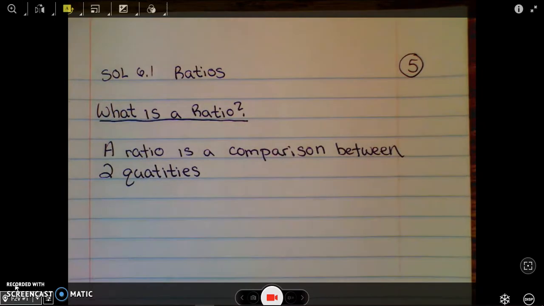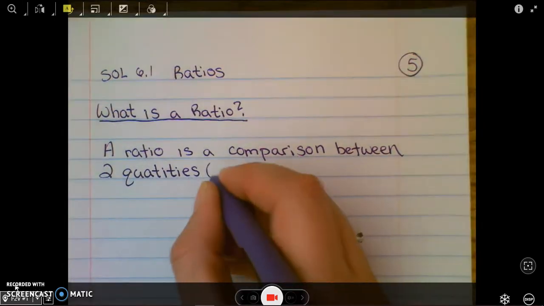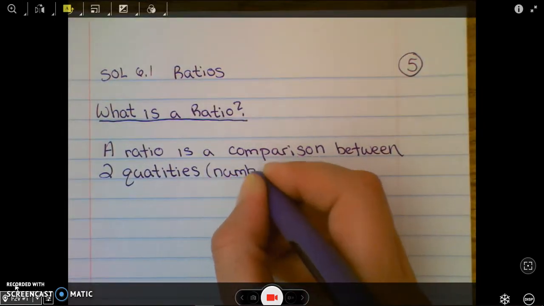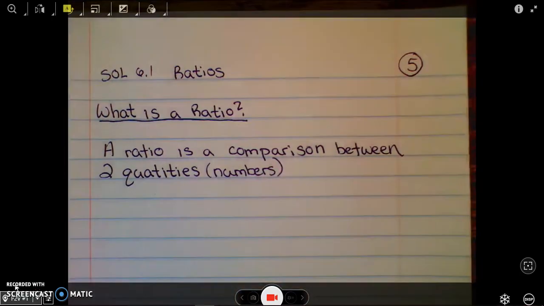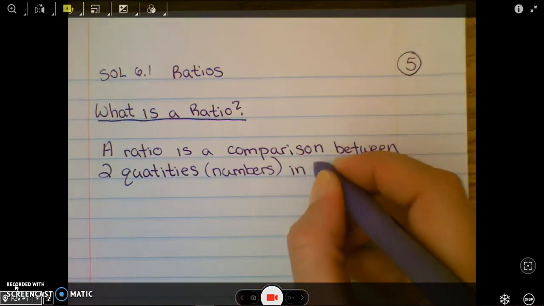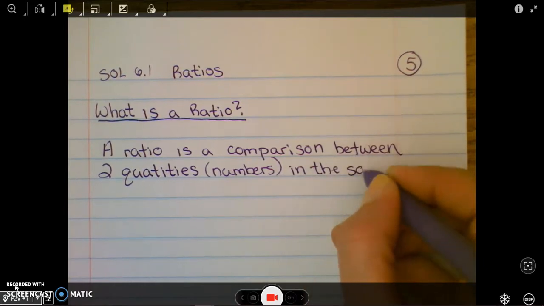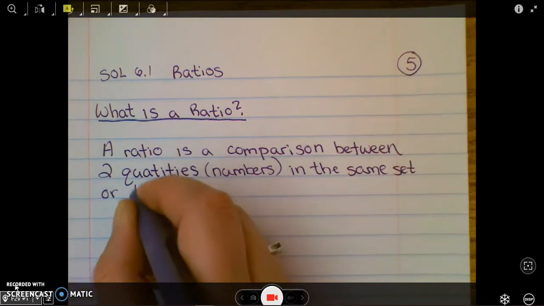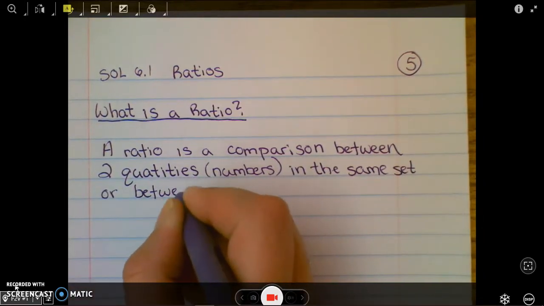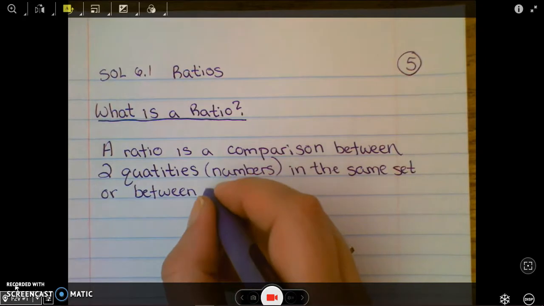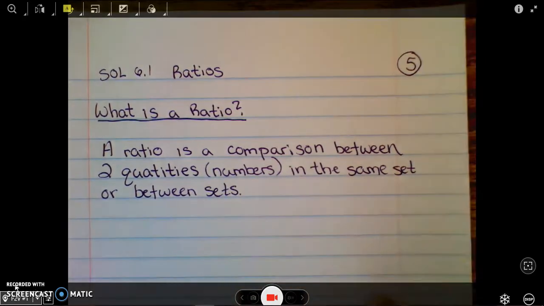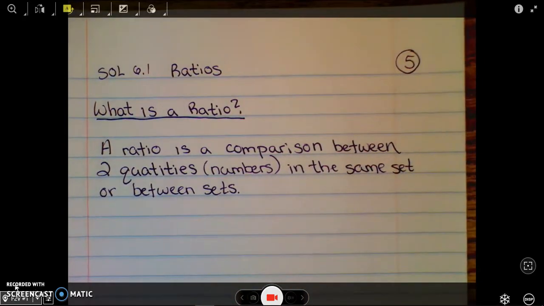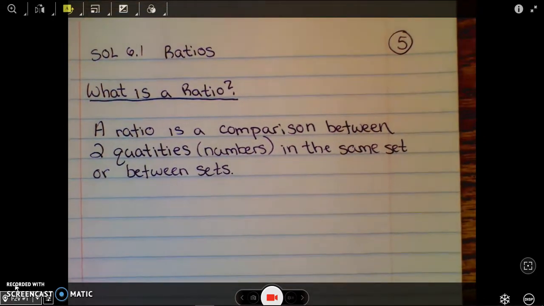So a ratio is a comparison between two quantities, or in parentheses we will put numbers, in the same set or between sets. And so a set of numbers is basically like a grouping of numbers. So what is a ratio? A ratio is a comparison between two quantities or numbers in the same set or between sets.